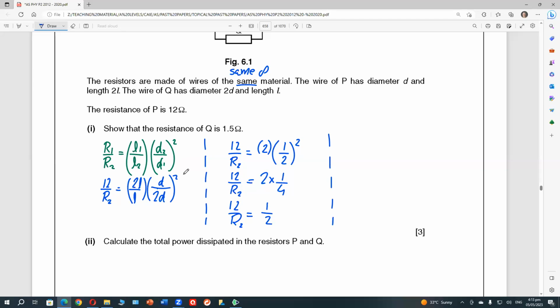Something is going wrong. Getting a wrong answer. You can also help me out. I'm getting a wrong answer.